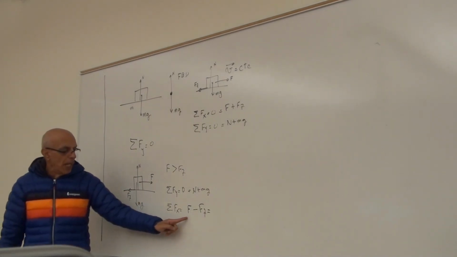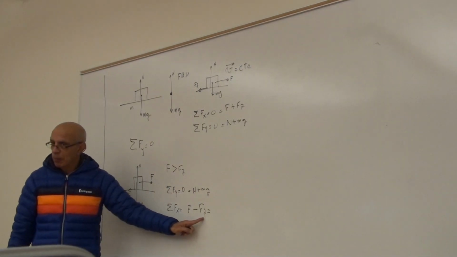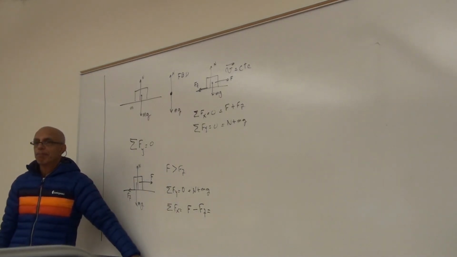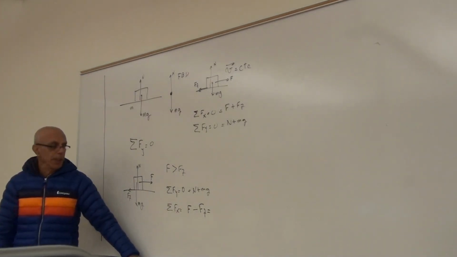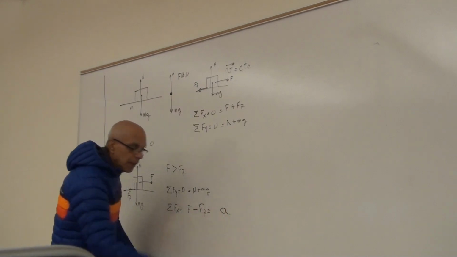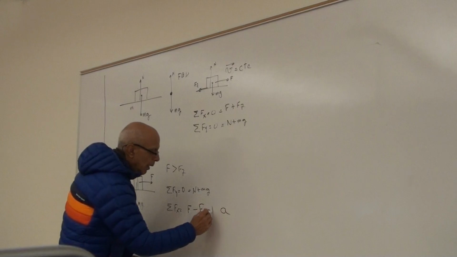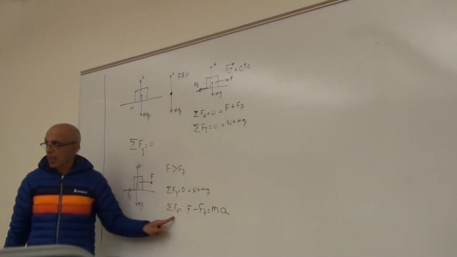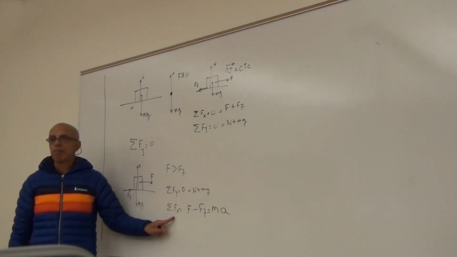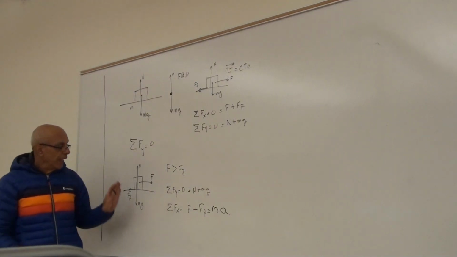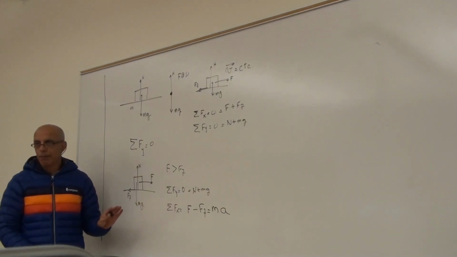Because F minus the magnitude of this force is going to be equal to the acceleration, A, times the mass, because this is the sum of all forces. Okay? So now we have this story here.